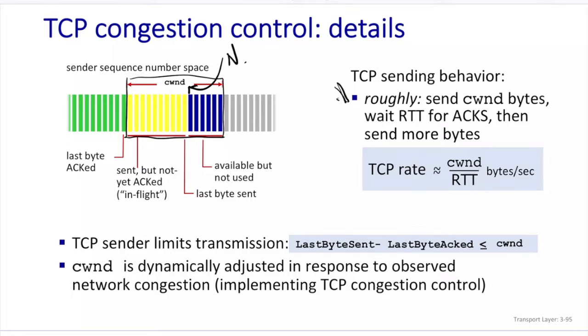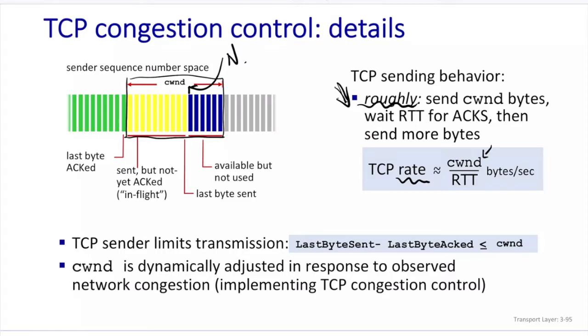And here we have a rough sending rate formula, okay? The TCP sending rate should be close to this number. The upper one is the congestion window in bytes.